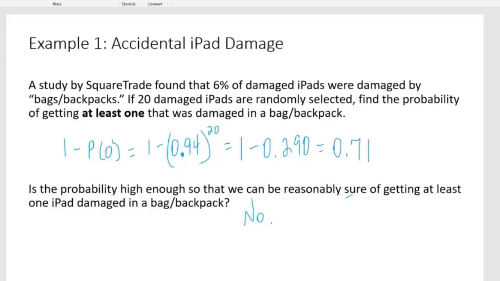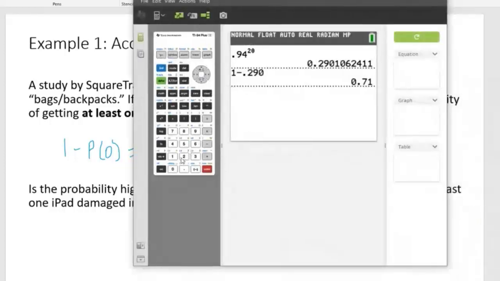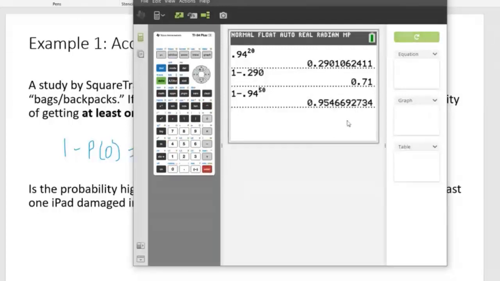I'll bring up that calculator and just show that again, because what if they tested then 50 backpacks? That would essentially be 1 minus 0.94 raised to the 50th. And now they can be 95% sure that at least one of them is damaged, okay? 95% sure. So they just need to test more backpacks.